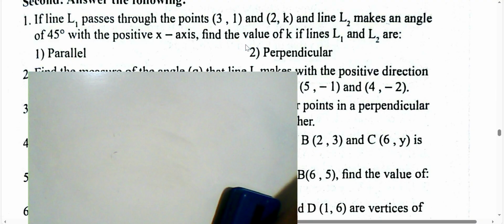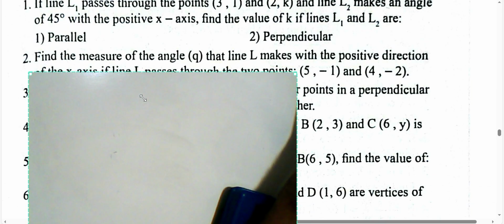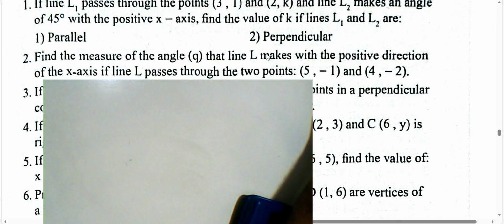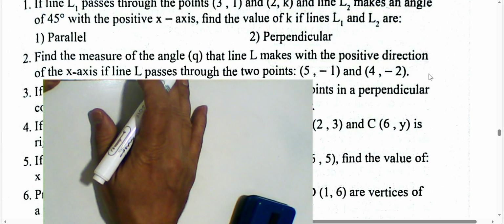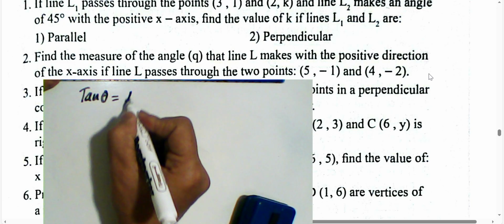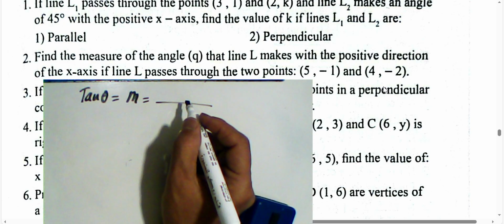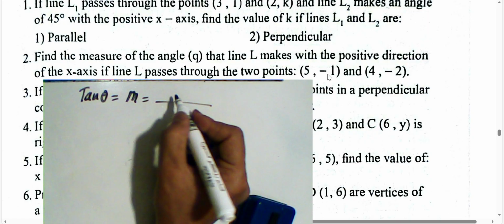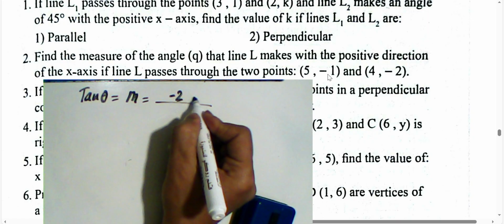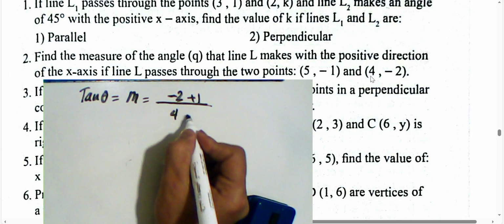Okay. Number 2, find the measure of the angle theta this line makes with the positive direction of the x-axis. It passes through 2 points, 5 and negative 1, and 4 and negative 2. Okay. In this question, we have tan theta equivalent to the slope. The slope equals y2 minus y1, negative 2 plus 1, over 4 minus 5.